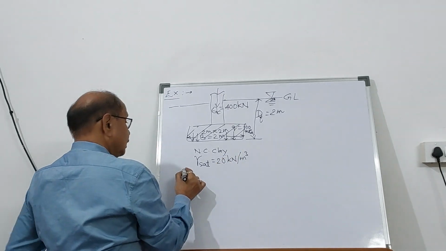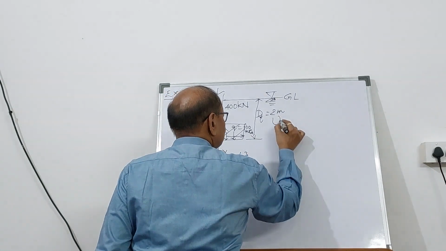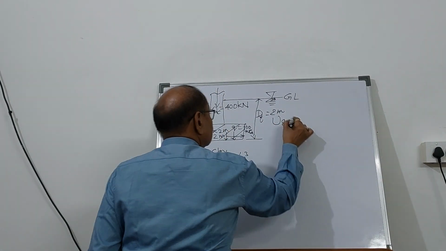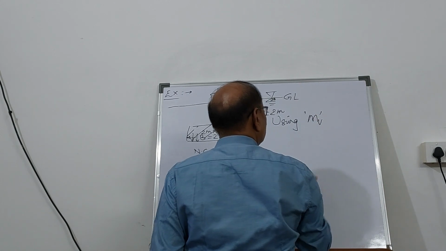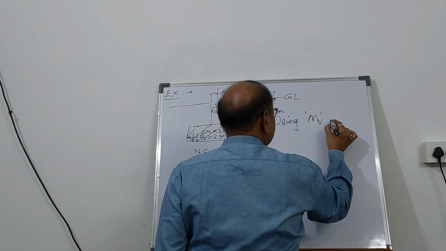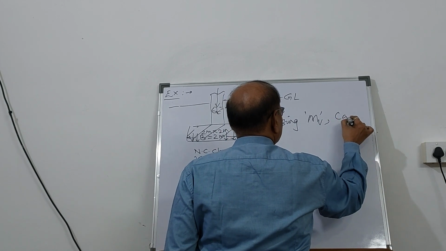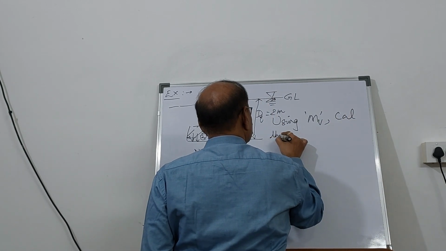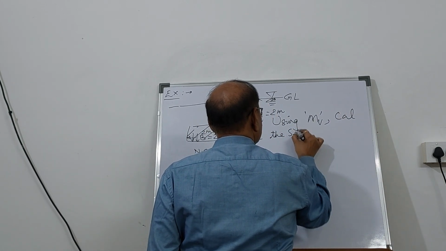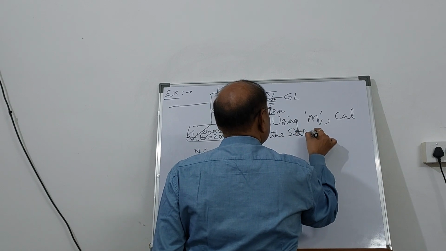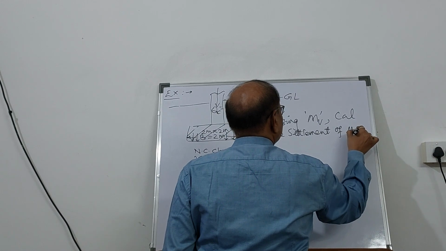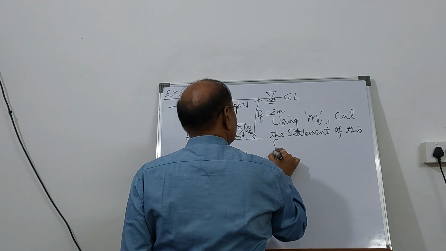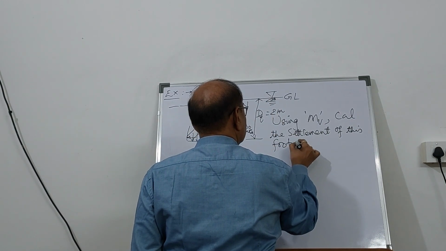So using mv, that is the coefficient of volume compressibility, calculate the consolidation settlement or settlement of this footing.